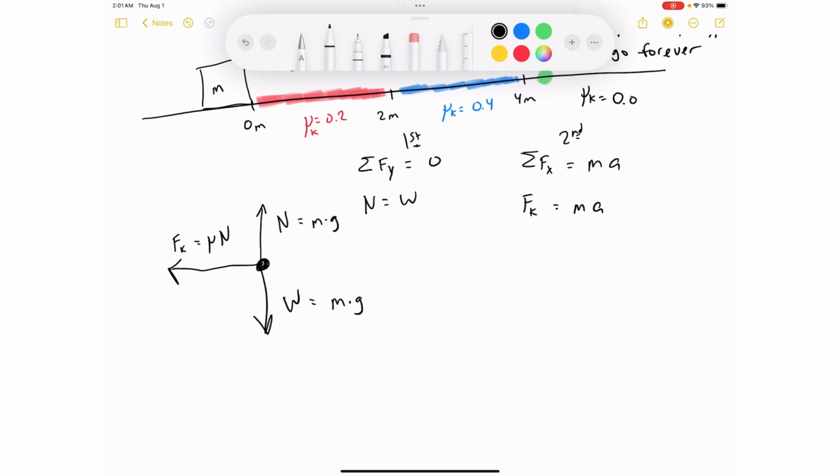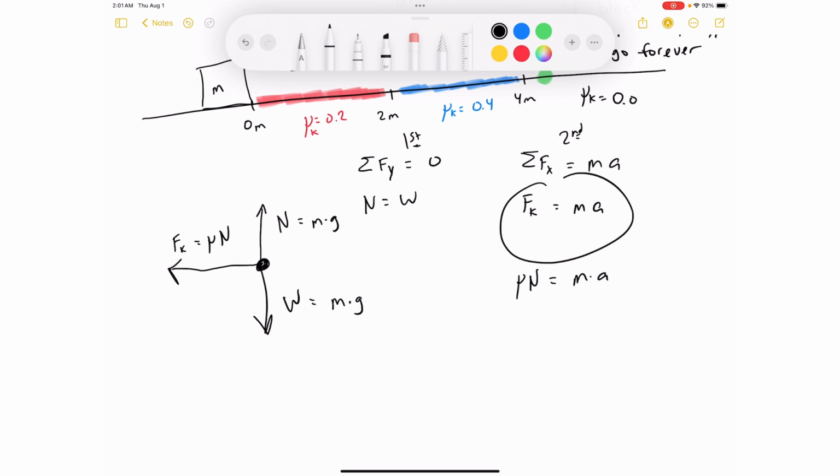So if I know that, then what I can do here is I can take this thing right here, which is Newton's second law, the force due to kinetic friction is equal to the mass of the object times its acceleration. Remember, I'm trying to look for the acceleration. So Fk, I can replace Fk with mu N. And then that equals mass times acceleration.